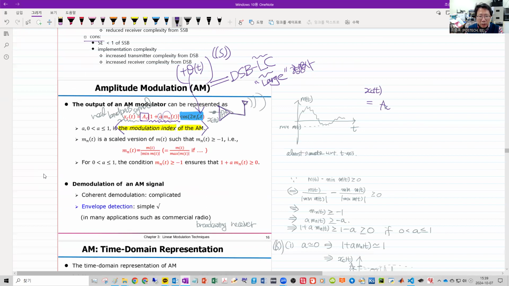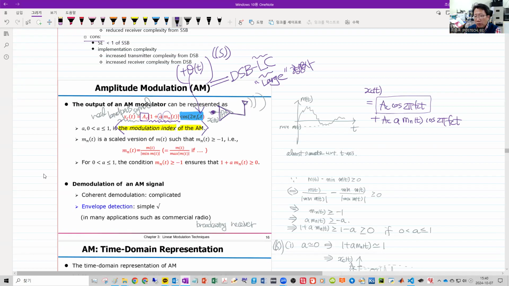A_c, the amplitude of the carrier, times cosine 2 pi f_c t, plus the amplitude of the carrier times a, the modulation index of this AM modulator, times m_n(t) cosine 2 pi f_c t. So let's focus on the first term of this signal applied to the antenna and transmitted.